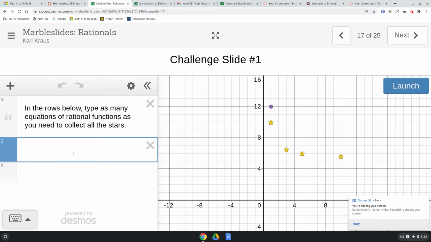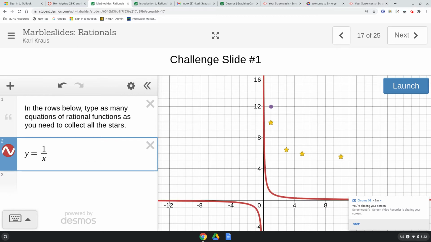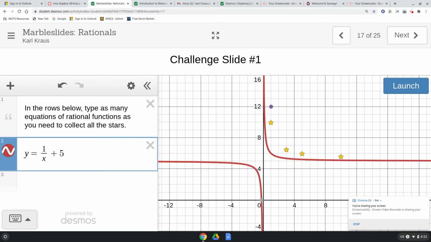If I started with 1/x, that's almost the shape I want. And then I want to move the asymptote up here to 5. So let's do +5.